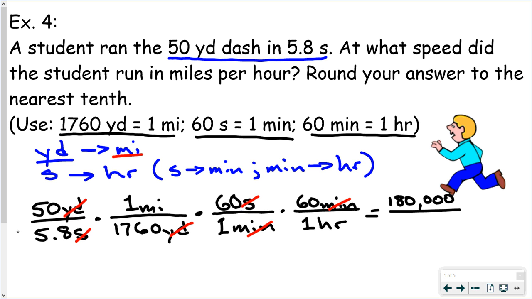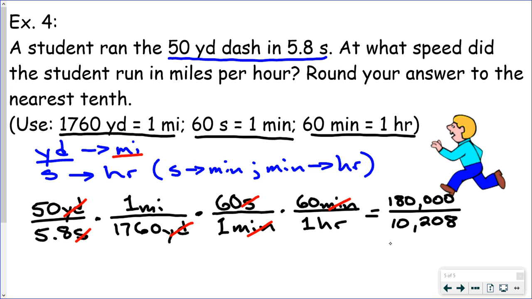And then in the denominator, I have 5.8 times 1,760. And that comes out to 10,208. Then the last piece is just to divide those.